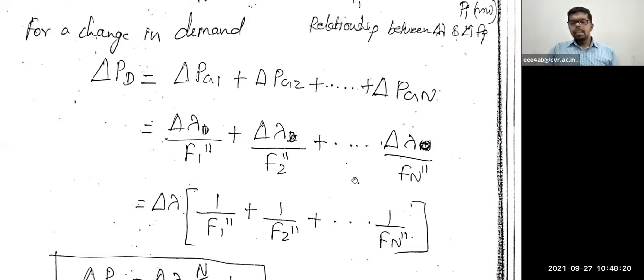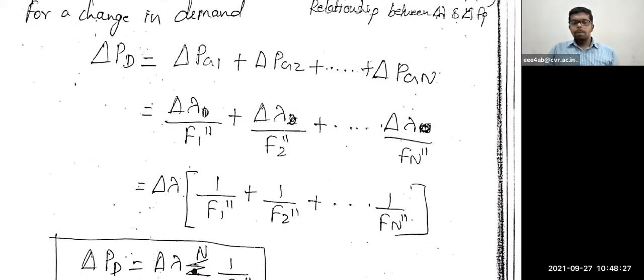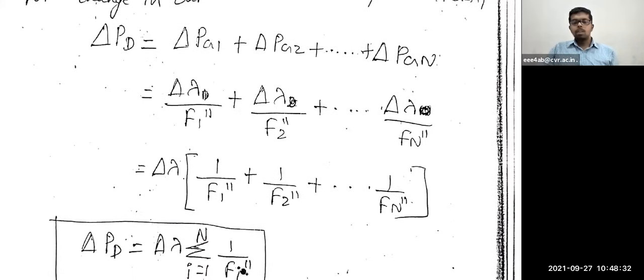We can generalize and write it in the generalized format, that is del lambda into summation i equals 1 to n of 1 divided by Fi double dash. You have to remember this, but if you don't remember it, you can easily derive it in one step. So del PD is equal to del lambda into summation i equals 1 to n of 1 divided by Fi double dash.